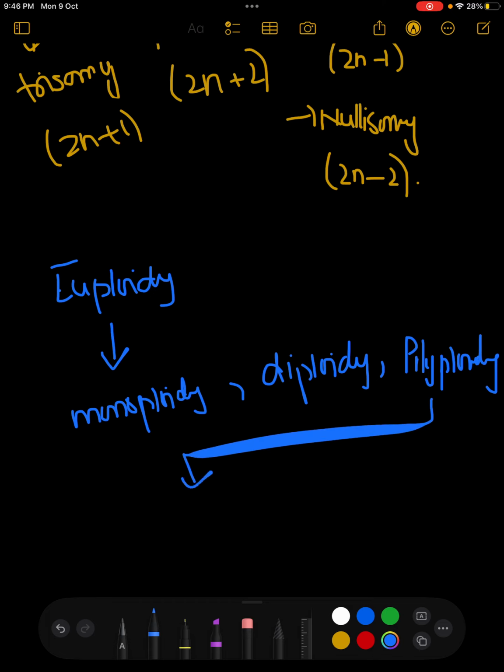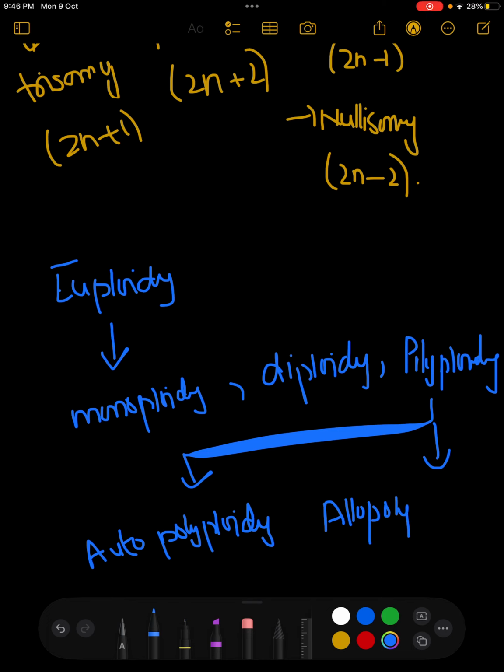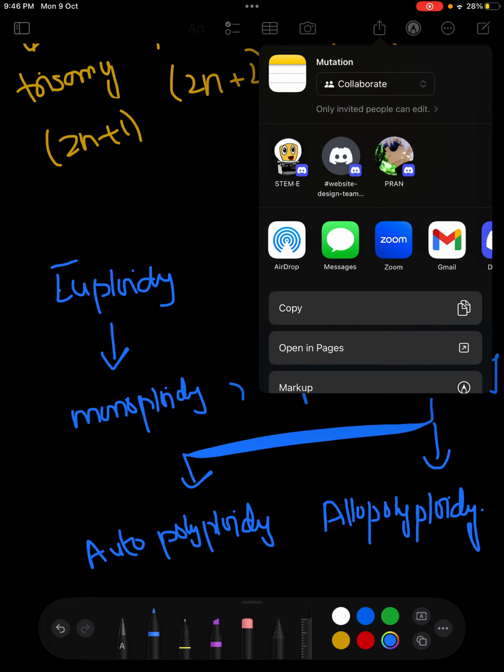This polyploidy is divided into autopolyploidy and allopolyploidy, right?